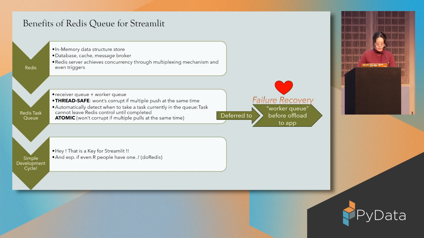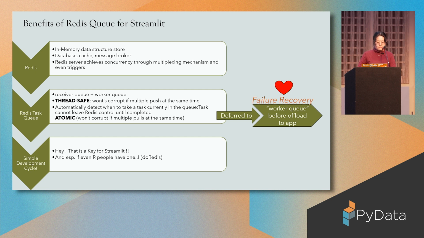And so these are the benefits of choosing a Redis queue for this purpose, for Streamlit. Redis is an in-memory data structure store, and it can also be a database, cache, and message broker. The Redis server achieves concurrency through multiplexing mechanisms and event triggers.